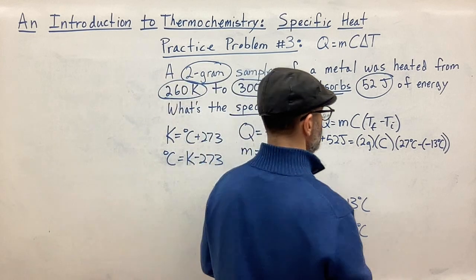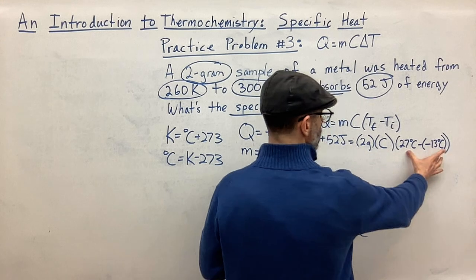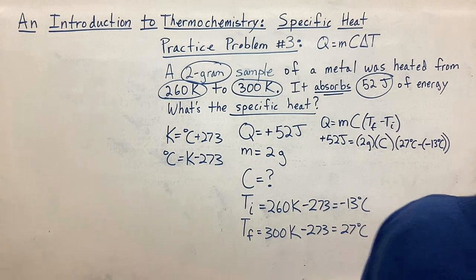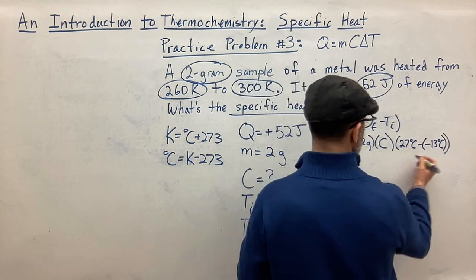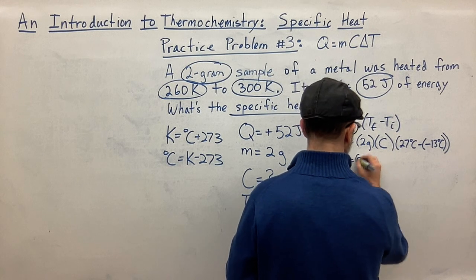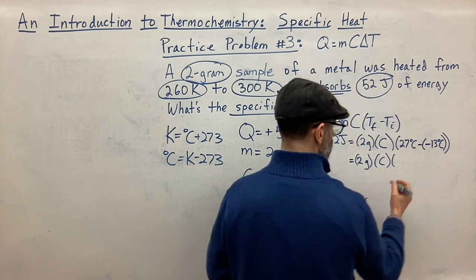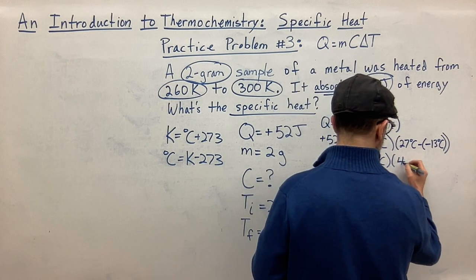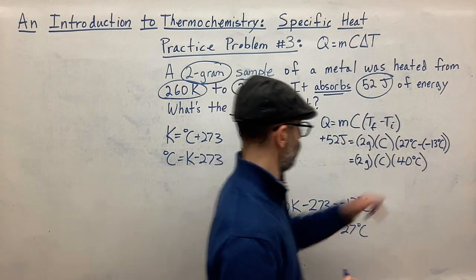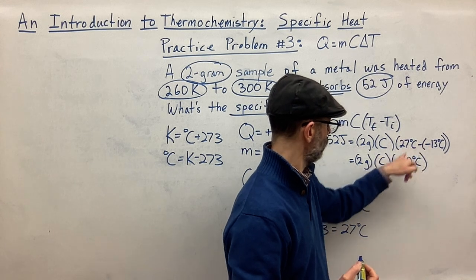So now that we've got everything plugged in, all we need to do is figure this out here. So this is going to be equal to 2 grams times C times 40. So this is going to be a change in temperature of 40 degrees Celsius. Notice that a minus times a minus gives us a positive, so we get 40.